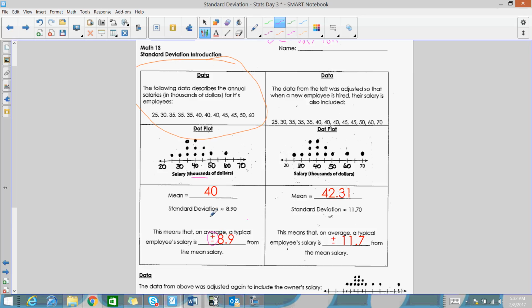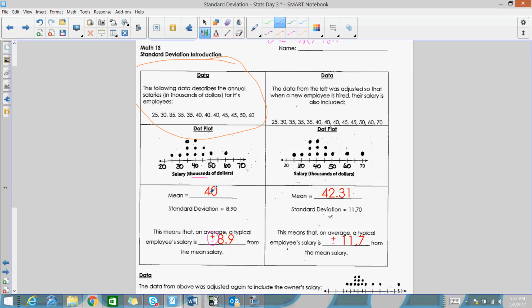That means if you add 8.9 or subtract 8.9, that's the range, and I don't like to use range because range means something different in math, but that's basically the spread, how far apart the majority of the people in the company's salary will be. So it really is going to fall in between.